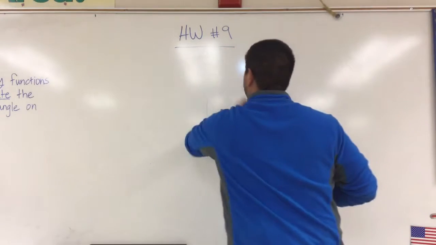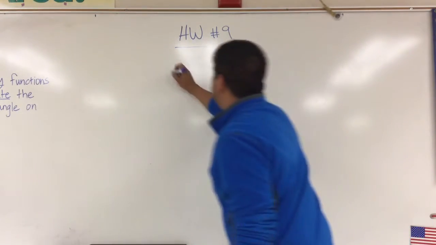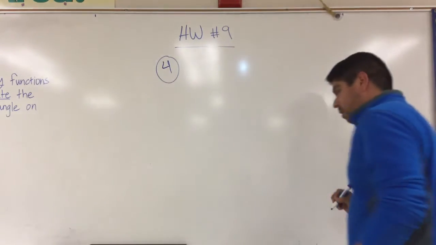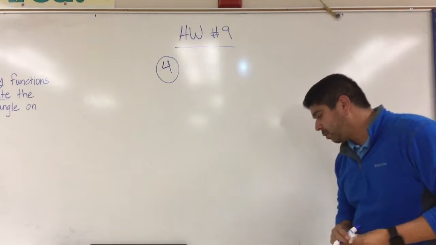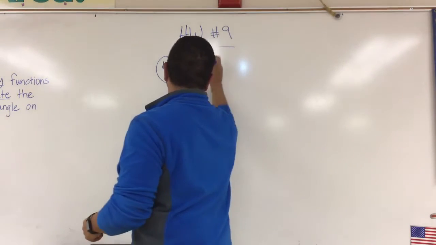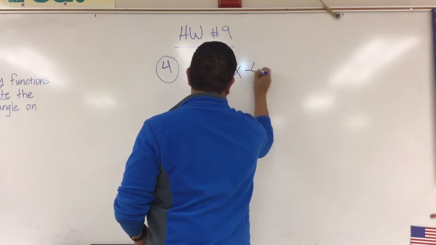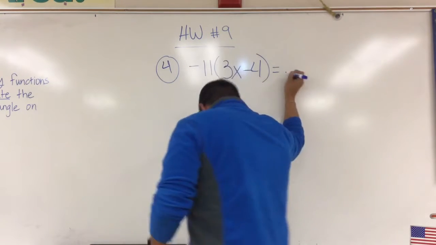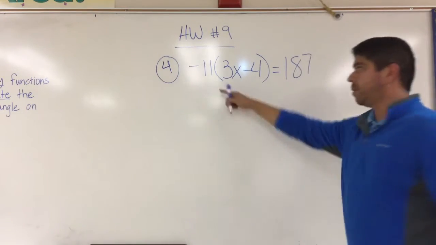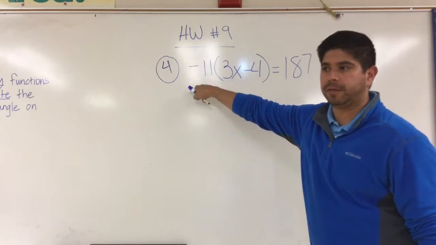Let's look at number 4. Okay, number 4 says solve the equation for x. So we have -11, parentheses, 3x minus 4 equals 187. So remember, I have to multiply everything inside of these parentheses by -11 first.